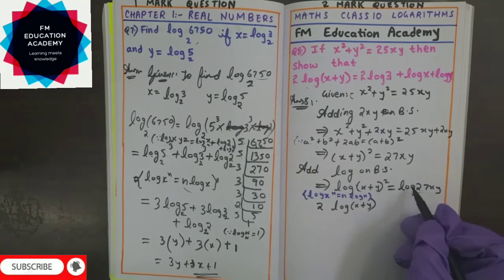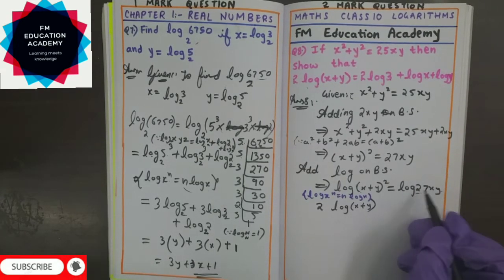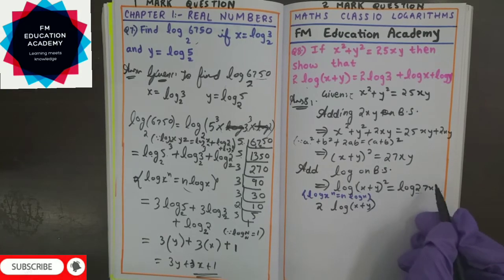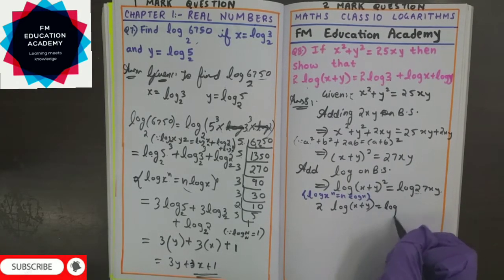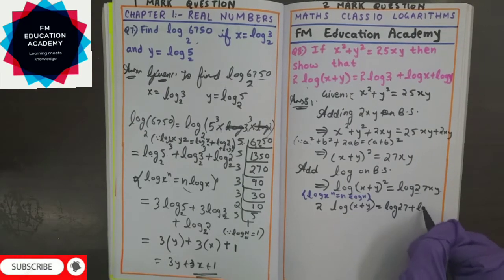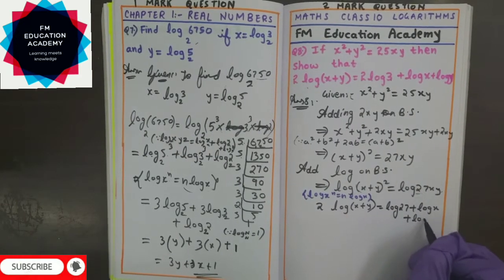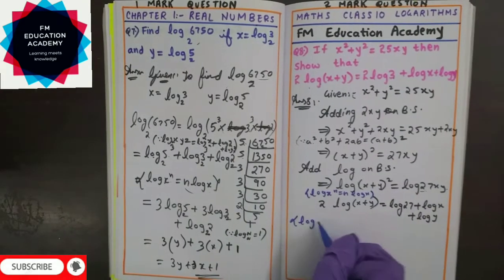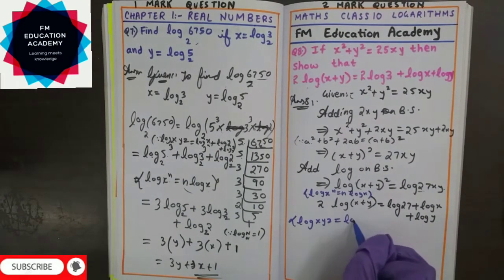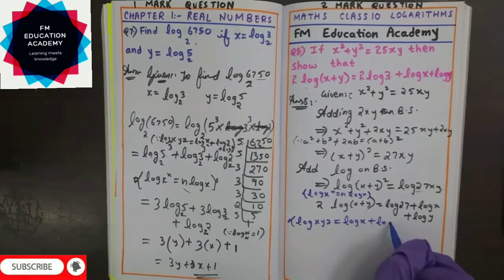This is of the form log x, y, z. We know log x, y, z is log x plus log y plus log z. So we can write this as log 27 plus log x plus log y. Why? Because this is the formula: log x, y, z is equal to log x plus log y plus log z.